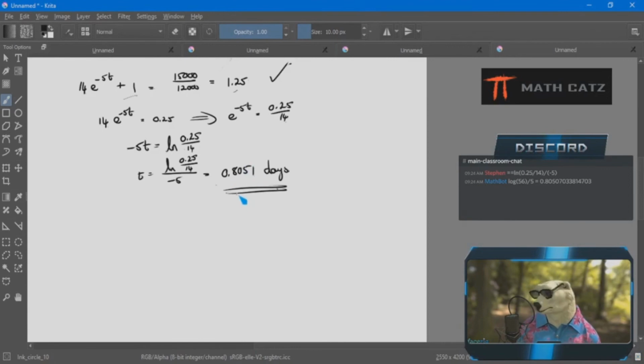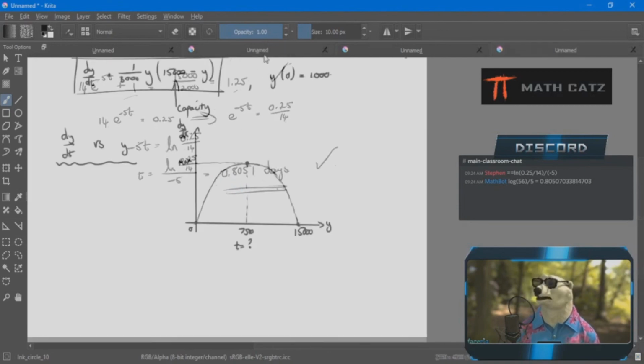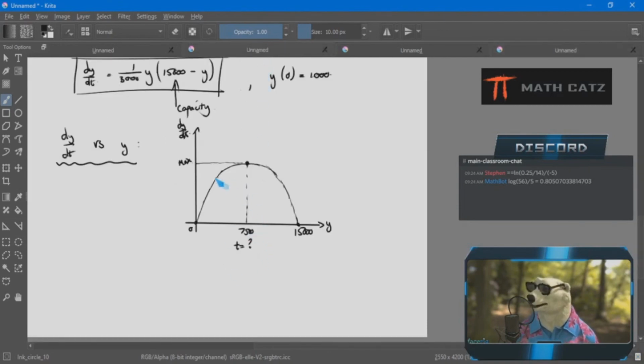0.8051 days. So it does grow very quickly, in less than a day, 0.8 of a day, the bacteria, the culture grows to 80% of its capacity. And you can also answer questions like where is the growth rate maximum?